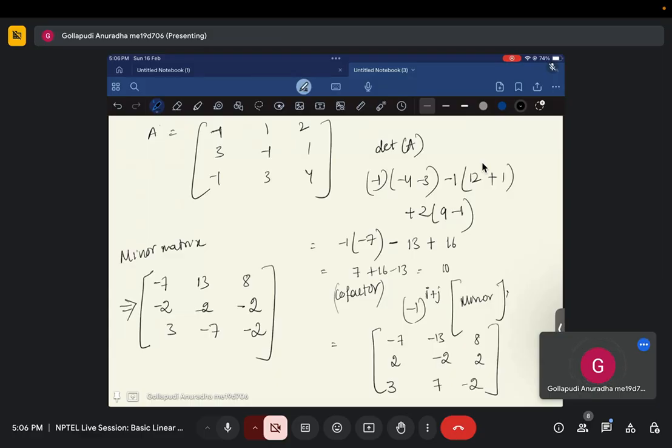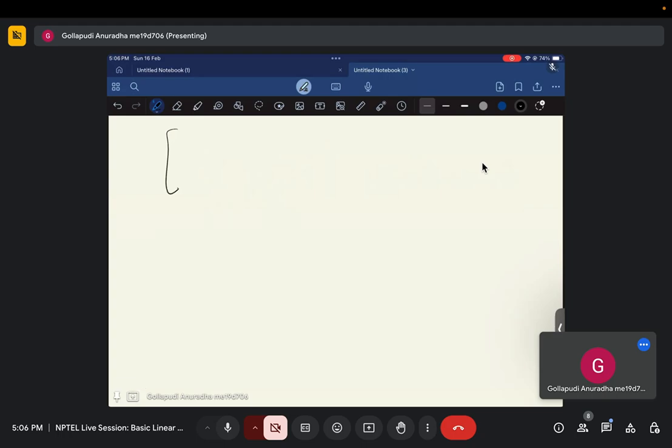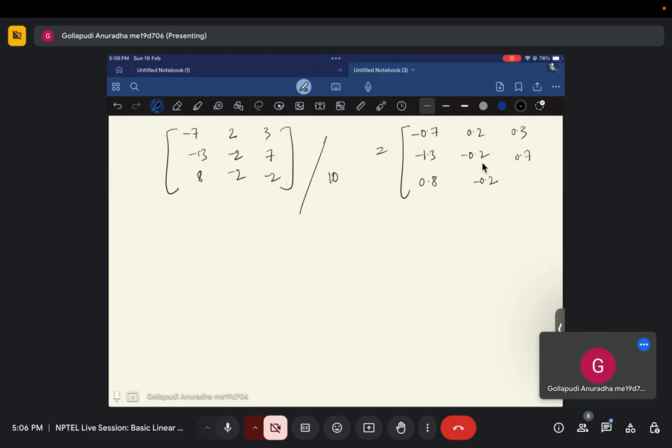You have to transpose this: minus 7, minus 13, 8, 2, minus 2, 2, 3, 7, minus 2, and this is the cofactor matrix transpose. The determinant is 10, so the inverse is minus 0.7, 0.2, 0.3, minus 1.3, minus 0.2, 0.7, 0.8, minus 0.2, minus 0.2. So this is the inverse.